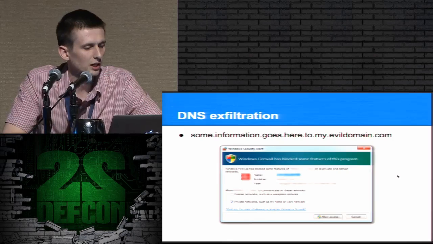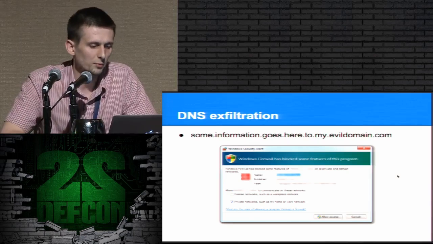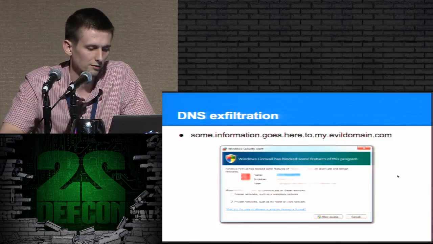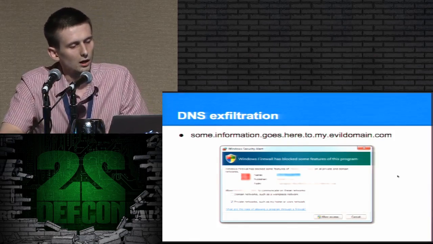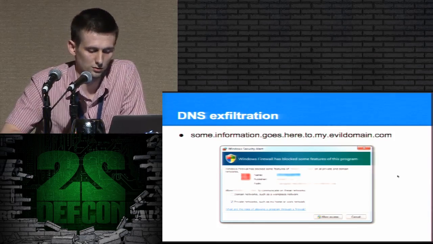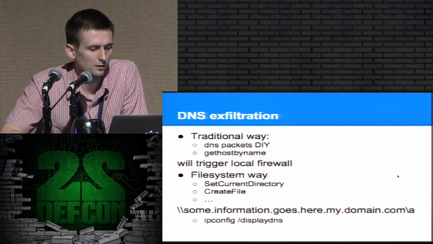But every time your payload tries to resolve a domain, Windows Security Alert, for example, or any other personal firewall will alert, and the user may block your payload. There are some workarounds for it.